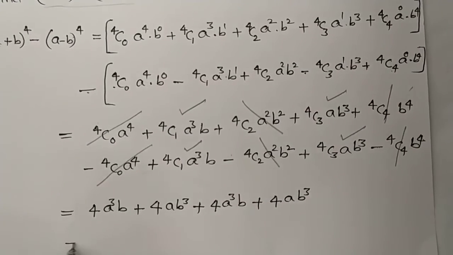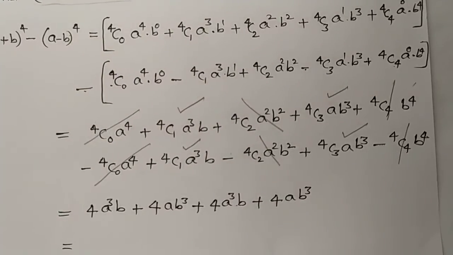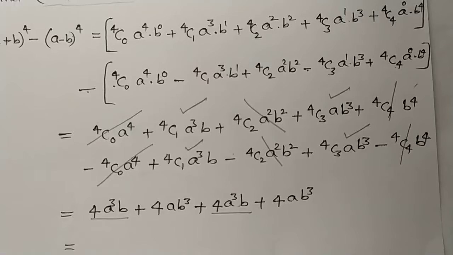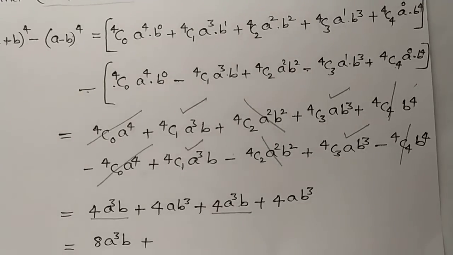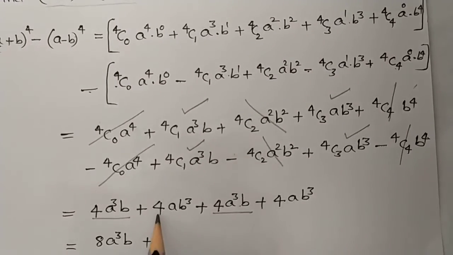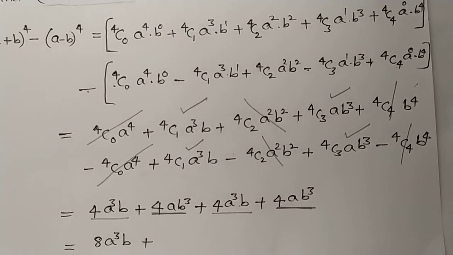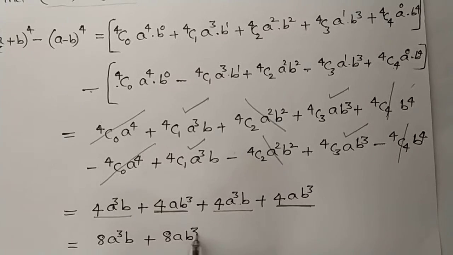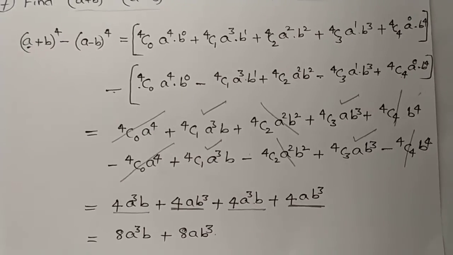Okay, next that is equals to 4 a cube b plus 4 a cube b is what? 8 a cube b. Next, 4 a b cube plus 4 a b cube is what? 8 a b cube. Okay, hence it is the expansion.